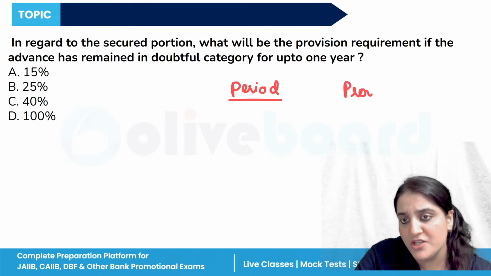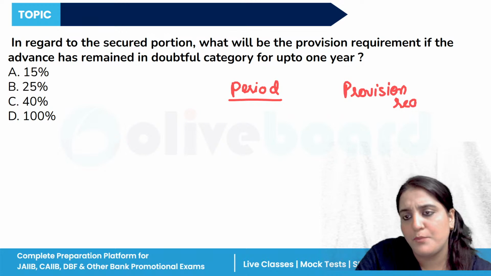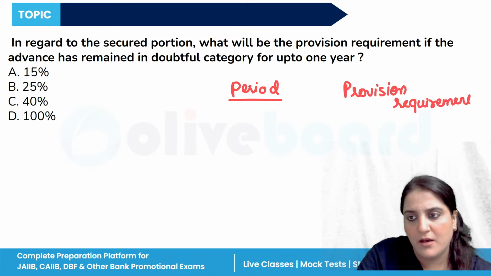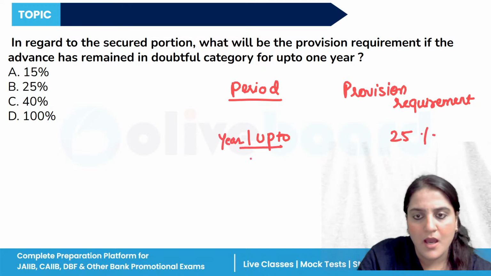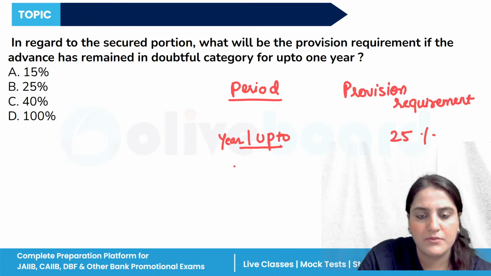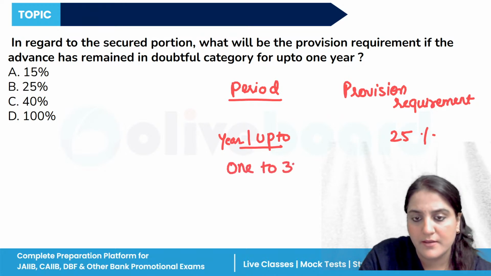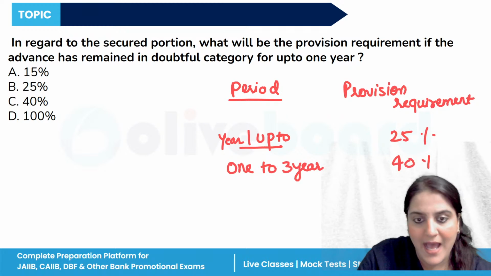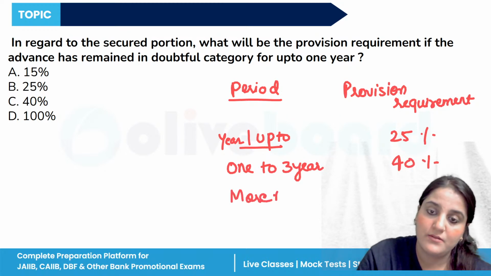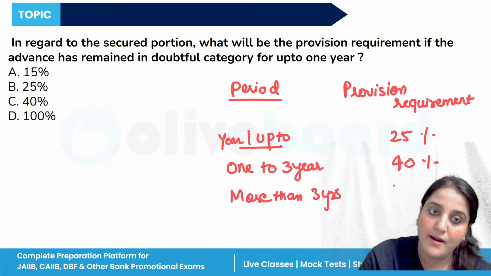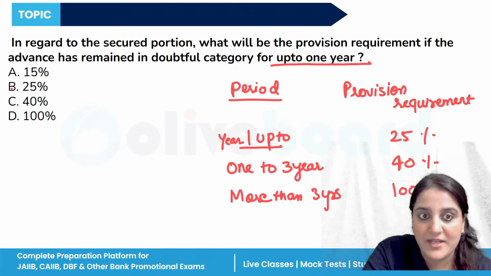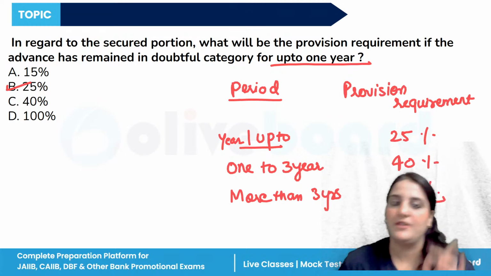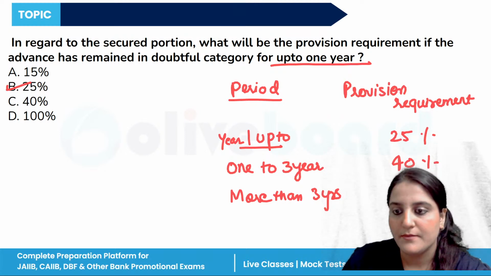For up to 1 year, that is 25%, for 1 to 3 years, that is 40%, and for more than 3 years, it is 100%. But the question is asking up to 1 year, that means 25% is correct. Okay?